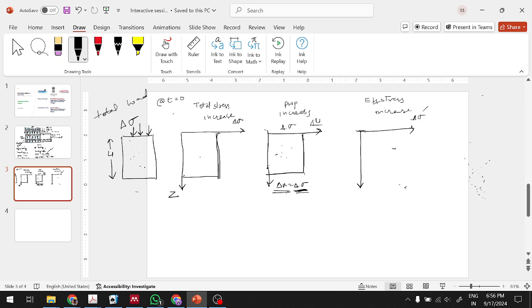All the water channels throughout this will collectively bear the weight delta sigma.